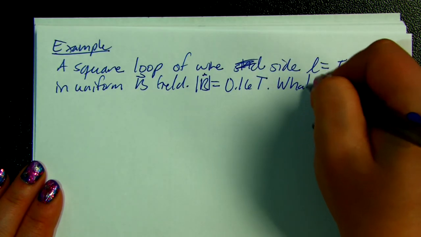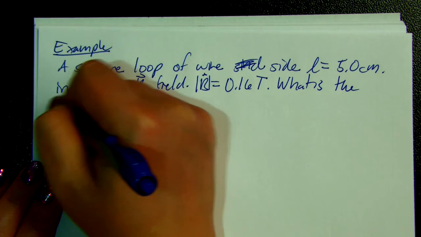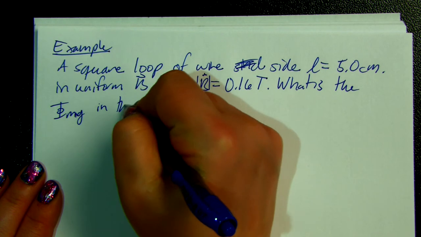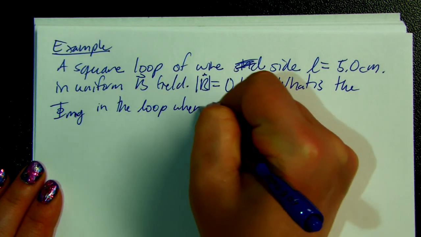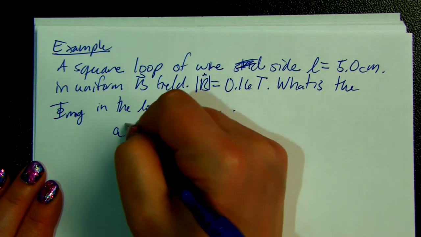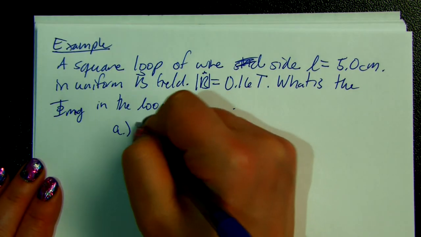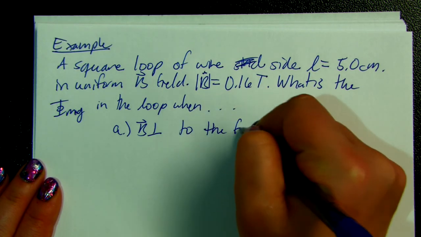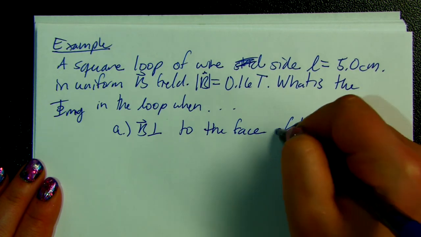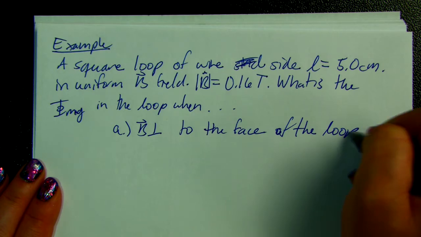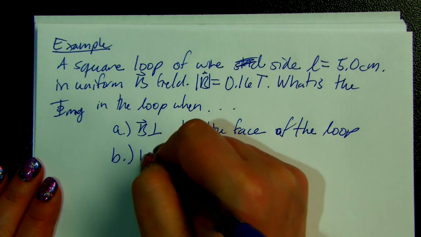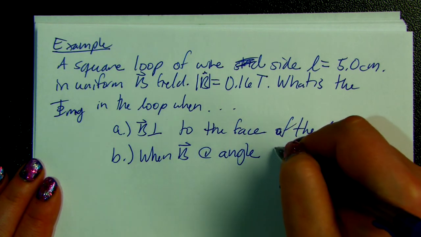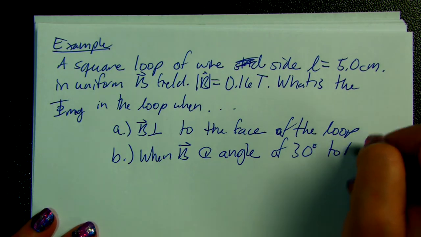What is the magnetic flux in the loop when A, B is perpendicular to the face of the loop, and B, when B is at an angle of 30 degrees to the area.